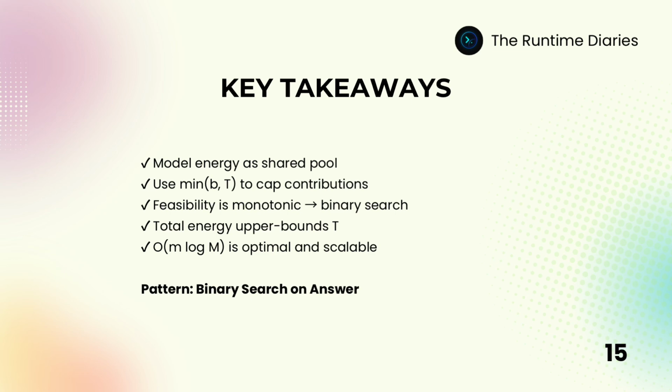Fourth, the upper bound is total energy divided by n. And fifth, binary search on answer is a core algorithmic pattern. These binary search on feasibility problems appear everywhere in system design and algorithm work. Mastering them is a huge unlock.